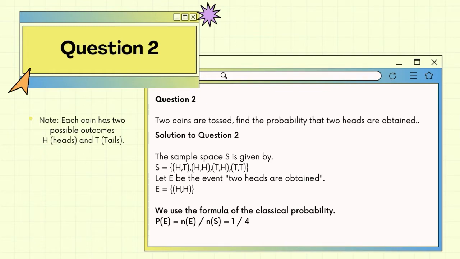The sample space S is given by S equals HT, HH, TH, and TT. Let E be the event two heads are obtained. E equals HH. We use the formula of classical probability. P(E) equals n(E) divided by n(S) equals 1 divided by 4.